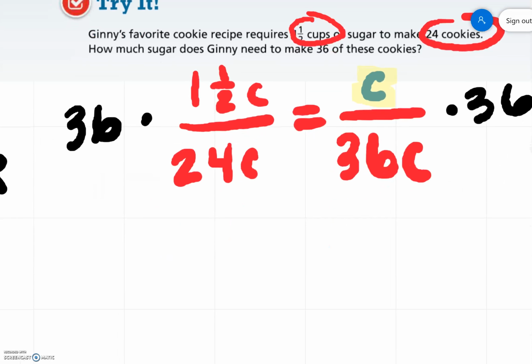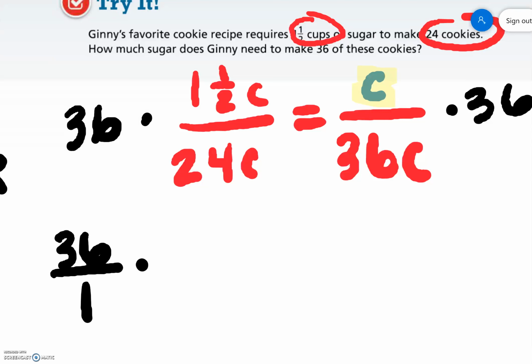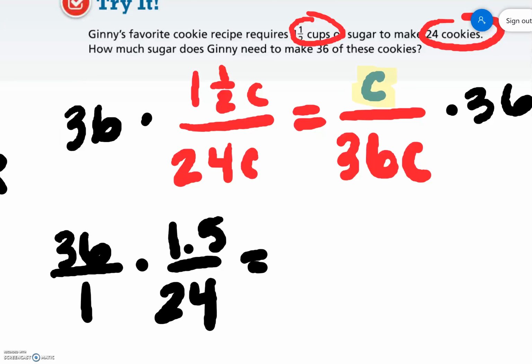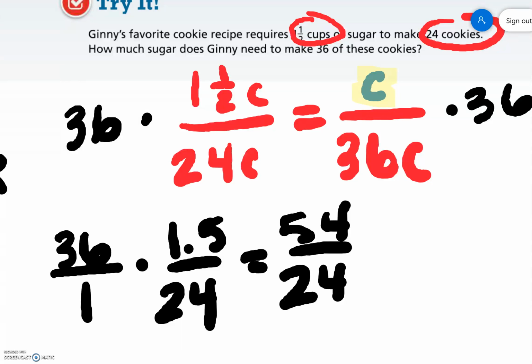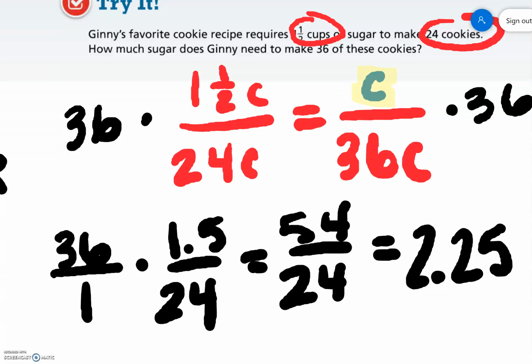So I have 36 over 1 times 1.5 over 24. 36 times 1.5 equals 54, divided by 24, equals 2.25. So we'll need 2.25 cups of sugar to make the cookies.